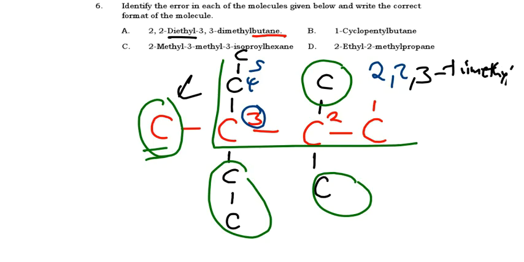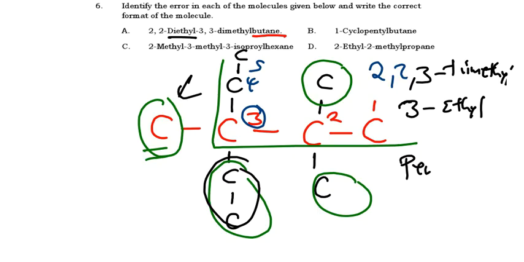And then on position 3 again, there are also two carbons there. So on position 3 there is an ethyl, so 3 ethyl. And then the parent name, we've got 5 carbons, so it's pentane. There's no double bond there, so it's not pentene.